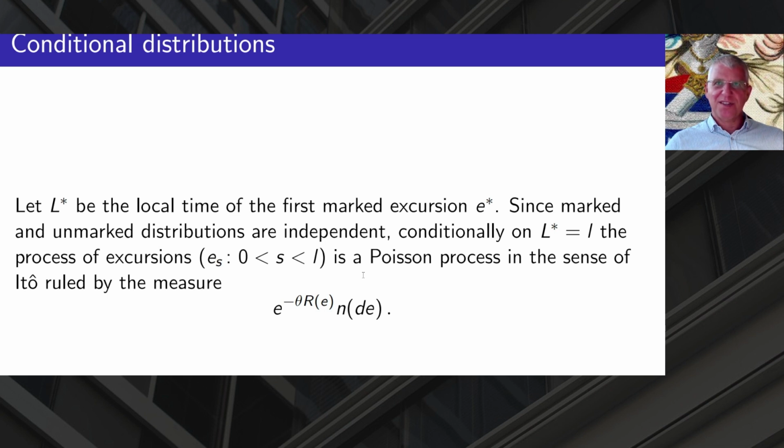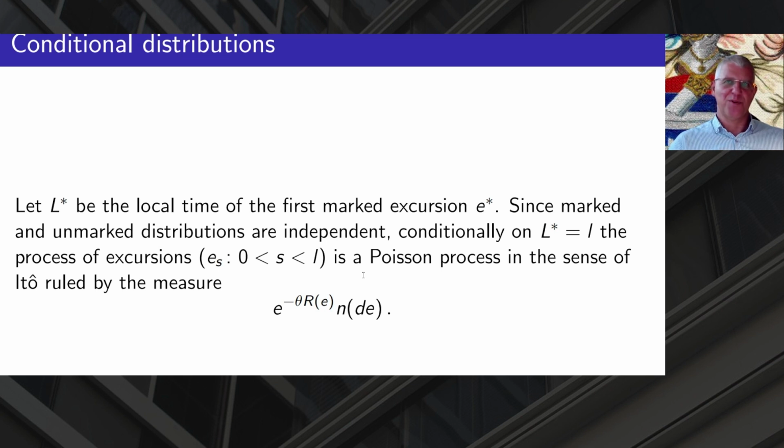And the properties of Poisson processes again give you one simple fact. If you take a very simple Poisson process on the positive real line, then the distance of the first point from the origin is an exponential random variable. That's a very elementary fact.